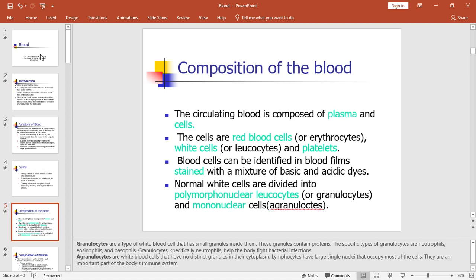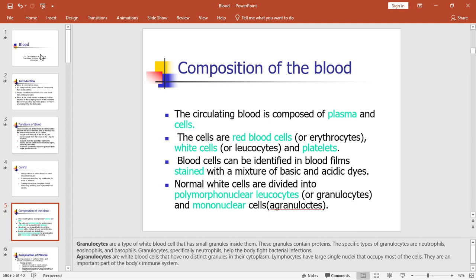Most of the stains are going to accumulate in this type, the granulocytes. So the appearance of the cells will be that there will be a nucleus, but in the cytoplasm of these granulocytes will be little granules that will take up the stain. Hence the name granulocytes, from the granules.